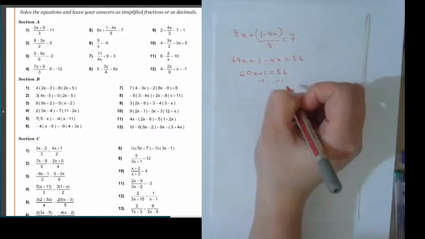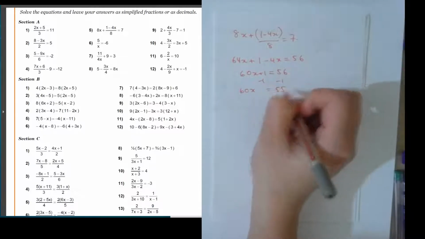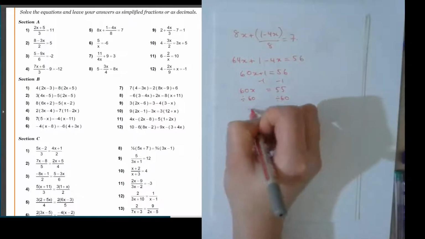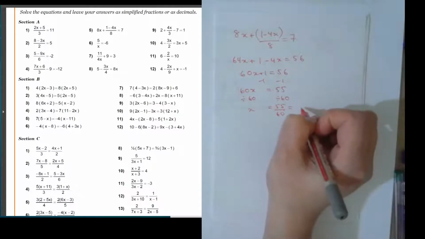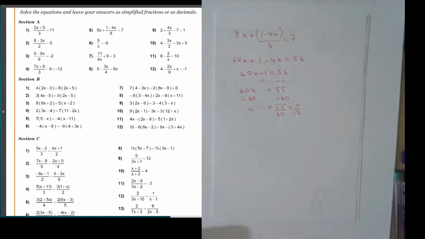I'm going to take away 1 from both sides. I'm left with 60x equals 55. Then divide by 60 on both sides. x equals 55 over 60, which just becomes 11 over 12. I'm going to leave that as a fraction because you can. Why wouldn't you?